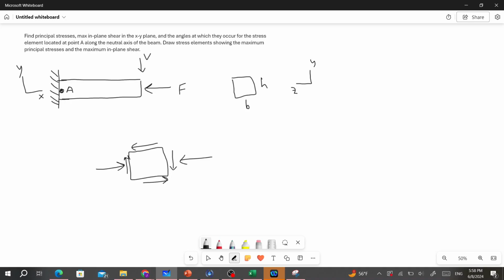So the value of the compressive stress is F over BH, and for the shear stress, the magnitude is going to be 4/3 times V over BH. Alright, so let's go ahead and get right to what we're looking for.